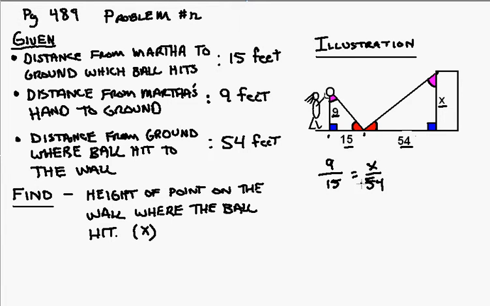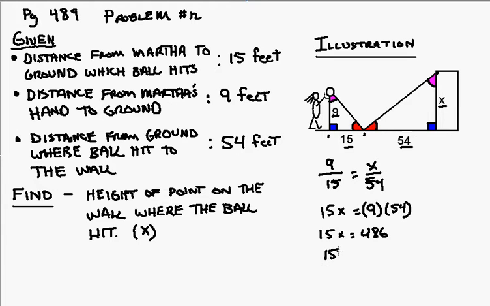So we can now cross multiply: 15 times x is equal to 9 times 54. If we do the multiplication, 9 times 54, we get 486. So 15x is equal to 486.